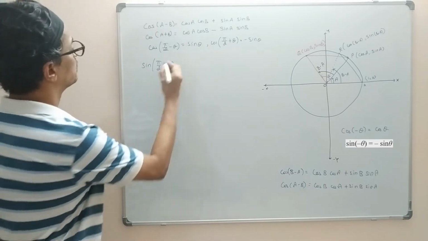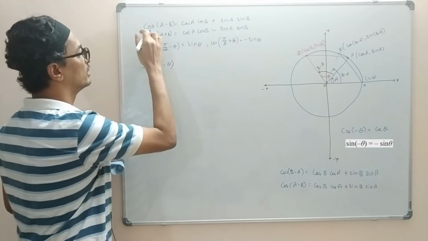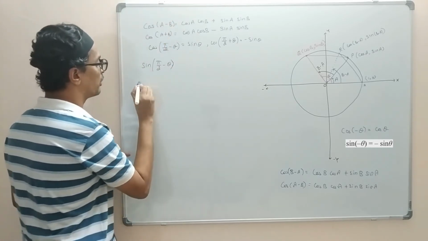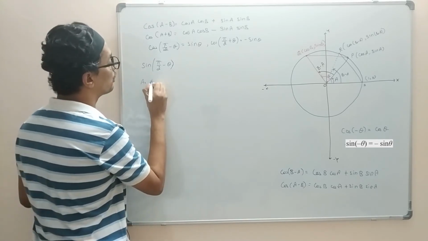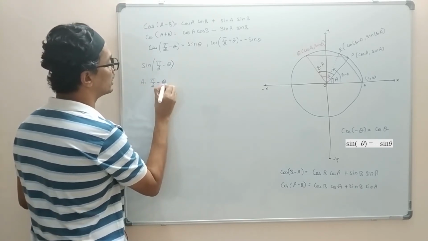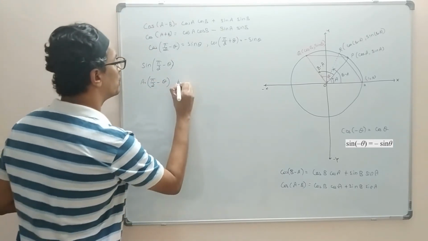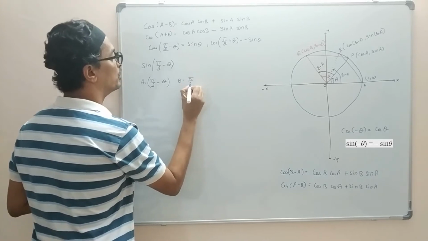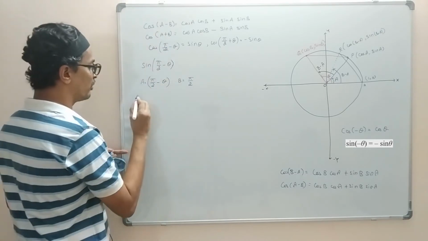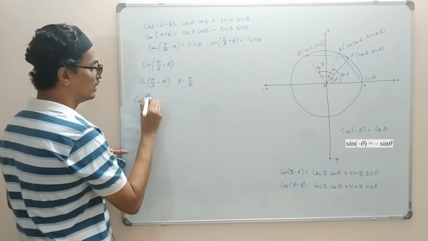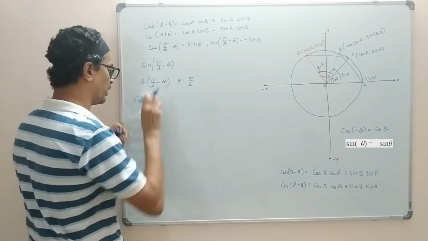It is simple. From here, whichever equation we take, let me call A equal to pi by 2 minus theta, and B equal to pi by 2. So now let us put this in. Cos(A minus B): pi by 2 gets cancelled, so you are getting cos of minus theta.